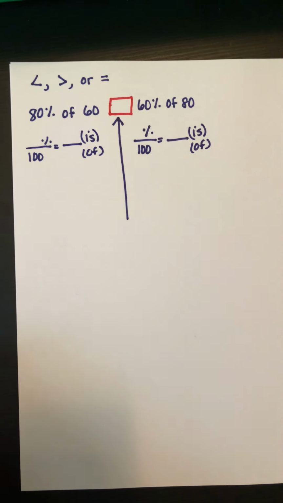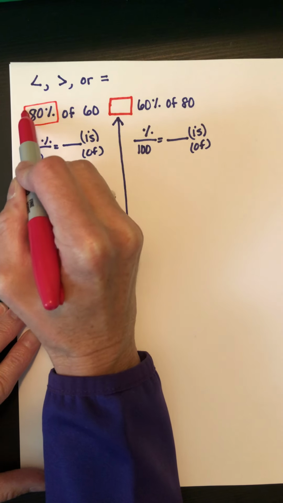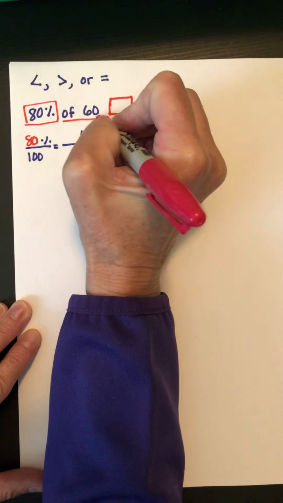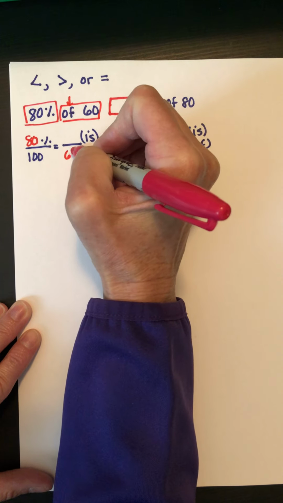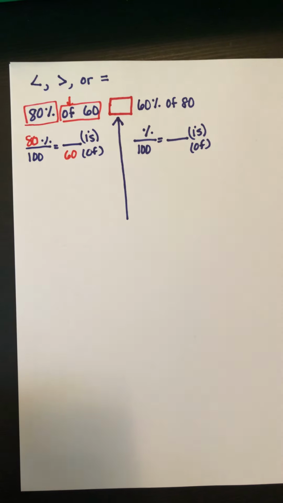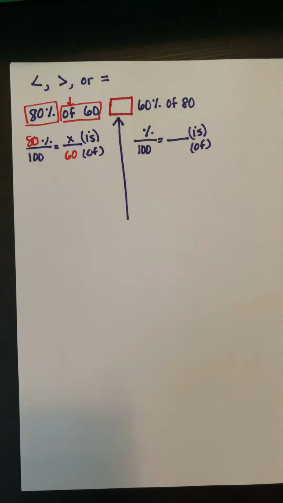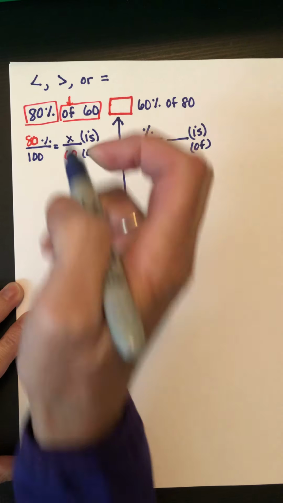So I'm going to just start by plugging in what I know. 80%, my percent goes on top, with 80 of 60. So my "of" gives it away, then I'm going to put my 60 down there. Now I cross multiply. I'm going to put my variable x here. I don't know what x is. I'm trying to find my is, my part of my 60.